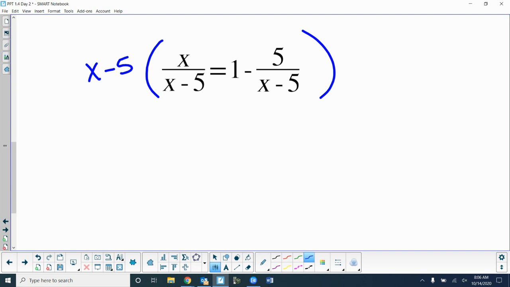It's the only denominator that shows up, so you just write that one down. What happens to these two x minus 5? They cancel, so all I have is x. All right, what's 1 times x minus 5? X minus 5, so don't forget that you've got to do the 1 times that. And what happens to the x minus 5s here? They cancel again, so it's just minus, see that's a minus, so it's minus 5. Okay, so the left is x.